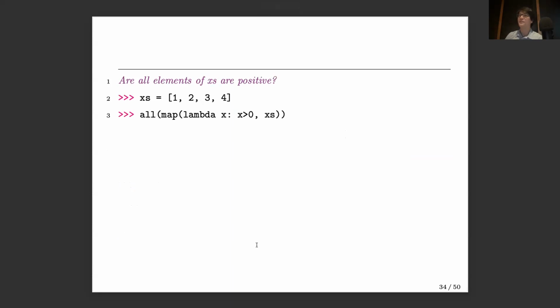You really need all in conjunction with map. You have some list and you want to test for some property P. So you map that over the list, and then you ask if all of those things over that list are true. Here you start seeing how these higher order functions give you a ton of functionality once you start mixing them. Individually, they're easy to understand, but again, there are nuances in combining them.